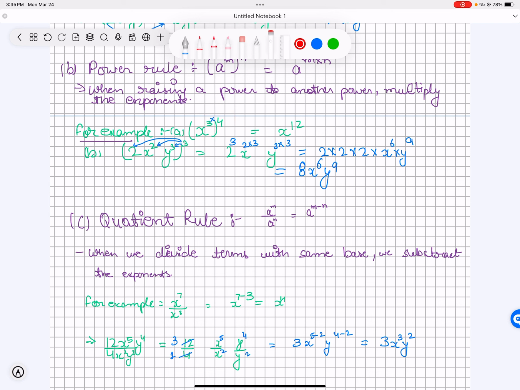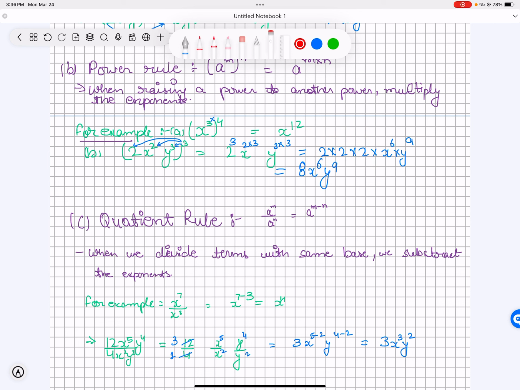And then there's another similar example, which is 2x squared y cubed, and then the whole thing has a power of 3. So in this, we are going to multiply everything inside the bracket by 3. First we multiply 2 three times, so 2 into 2 into 2, we get 8.